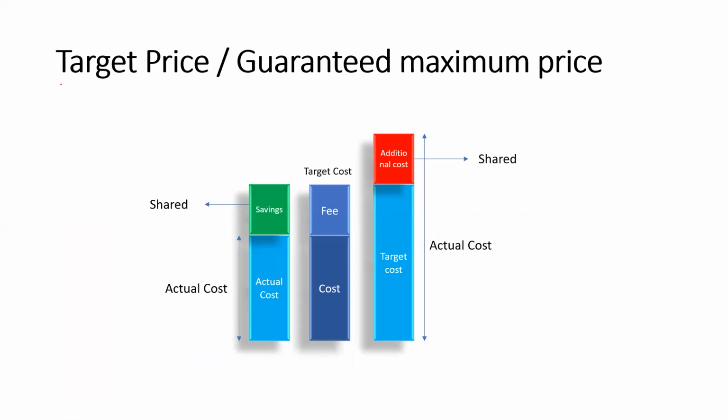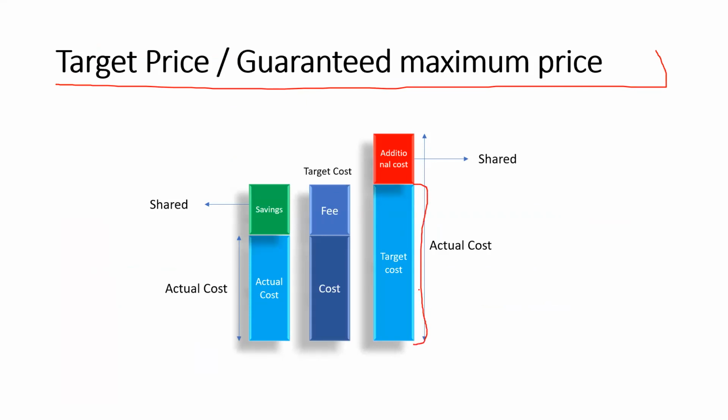In the early stages of the product, in most agile projects or new product development, it is better to go with target price or guaranteed maximum price. It means you have a target cost, which is the cost you agree between the buyer and the seller. If the actual cost goes beyond this target cost, then the excess is shared between the buyer and the seller.